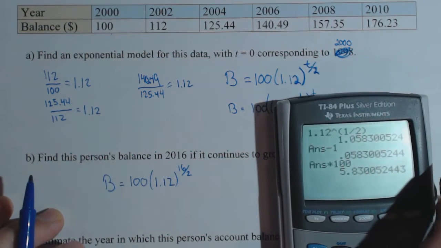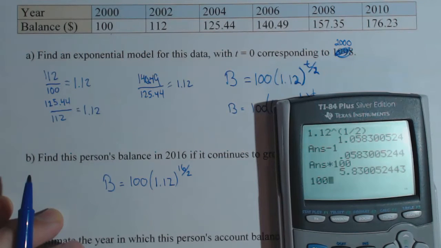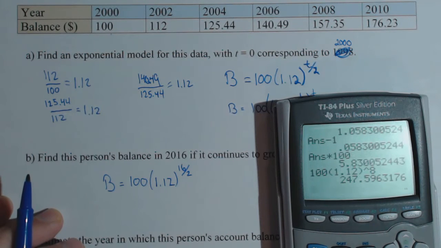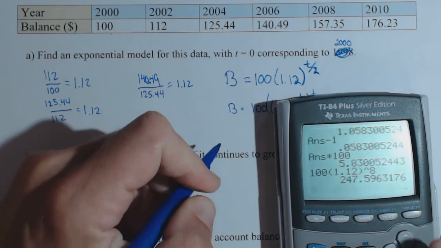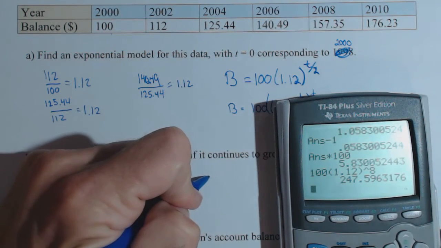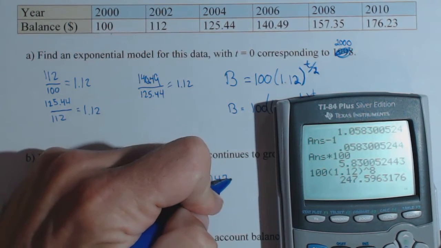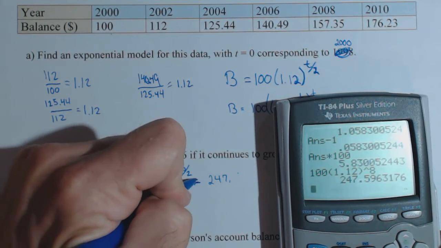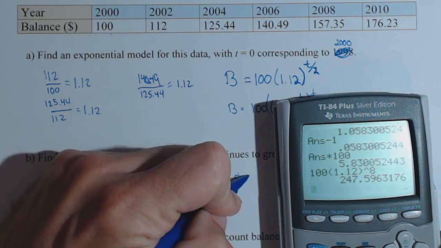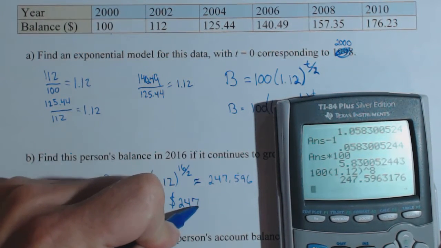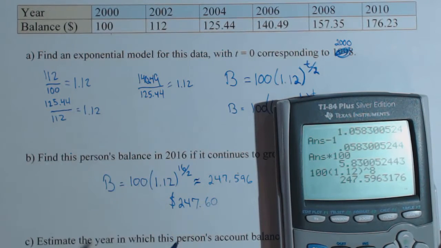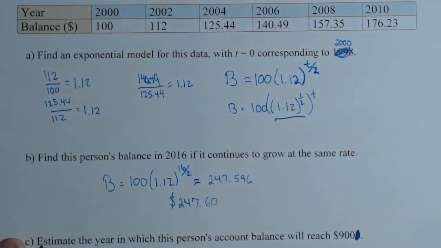That's something we can calculate very easily. 100 times 1.12 raised to the 8. So there's our balance. We'll round it to 2 decimal places because we're dealing with money. 247.596. So our answer, because we want our units, would be $247.60 would be our balance.